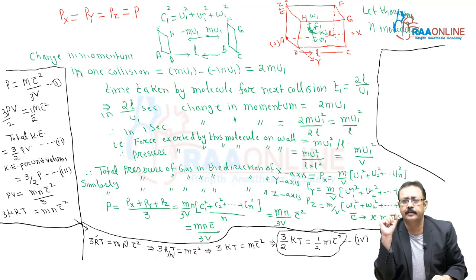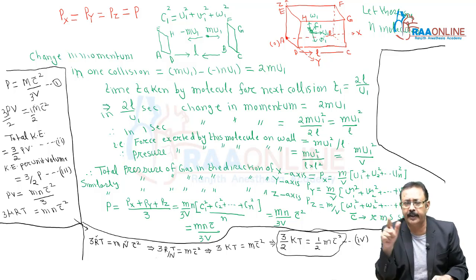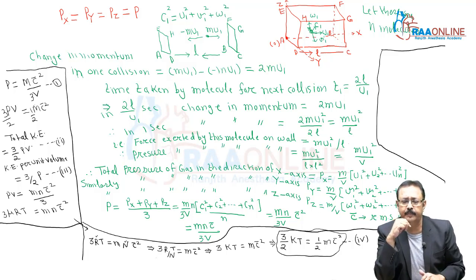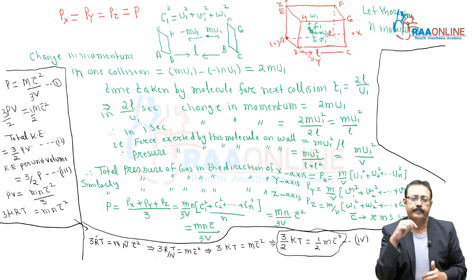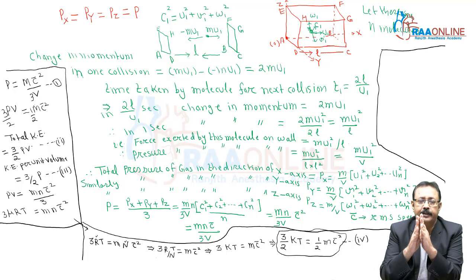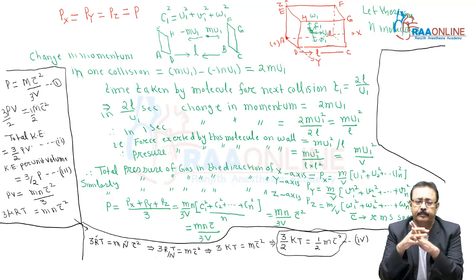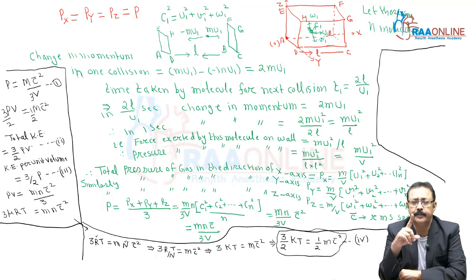Since we considered only the translatory motion of the particle, which was possible in 3 dimensions, x-axis, y-axis, z-axis, these are known as degrees of freedom. So this total kinetic energy is associated with 3 degrees of freedom. So the kinetic energy associated with each degree of freedom should be half kT.